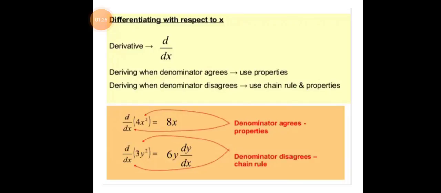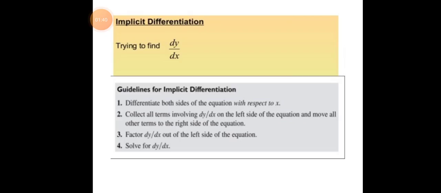So, this is the denominator agrees, properties. Then, this is the denominator disagrees, chain rule. Then, implicit differentiation: we try to find dy divided by dx.